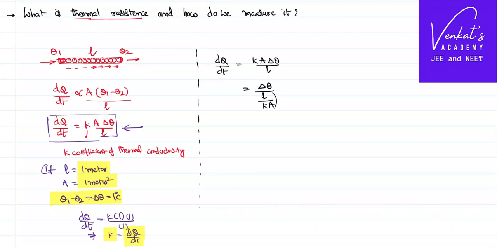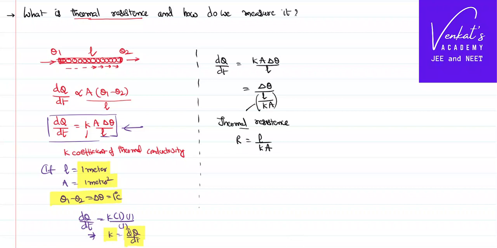So whatever is written in the denominator can be called thermal resistance. So thermal resistance R can be written as L by K A.